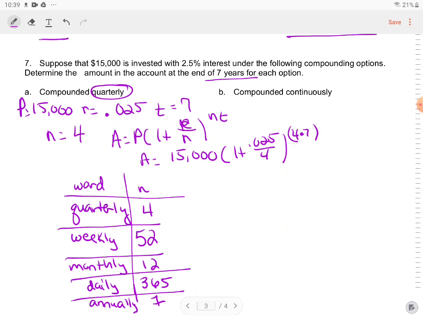Now, you might want to go ahead and say 4 times 7 is 28. And I get A is equal to 17,858.96.